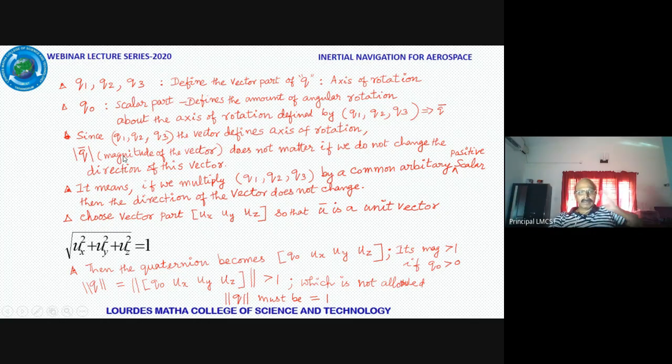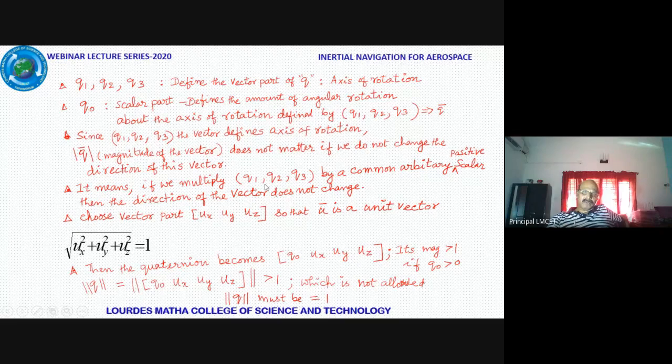What it means is, if we multiply this vector part by a common arbitrary positive scalar, say lambda q1, lambda q2, lambda q3, it will amplify this vector by lambda times. But amplify or contract, the direction will remain the same. So the vector direction will not change.